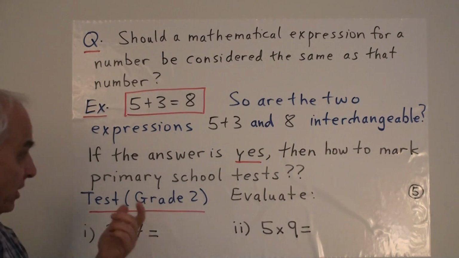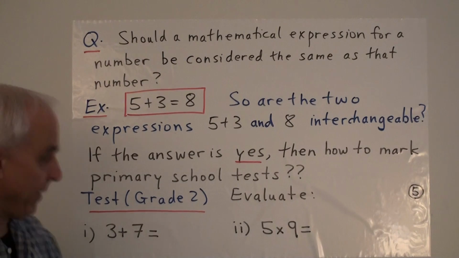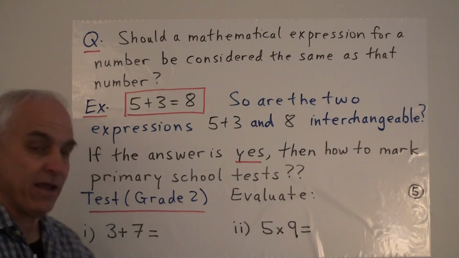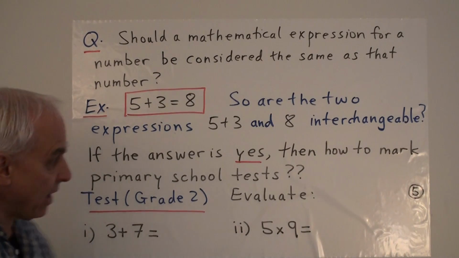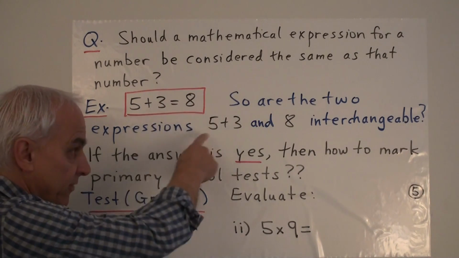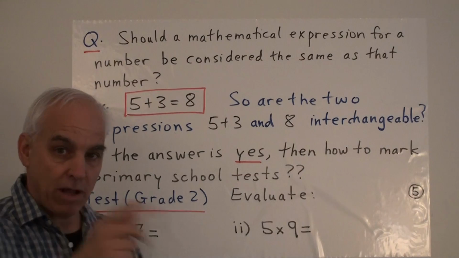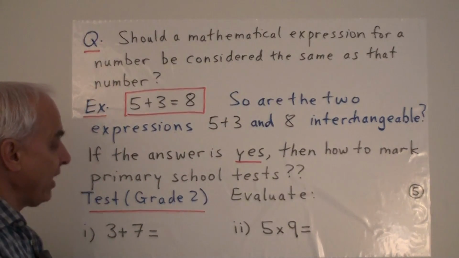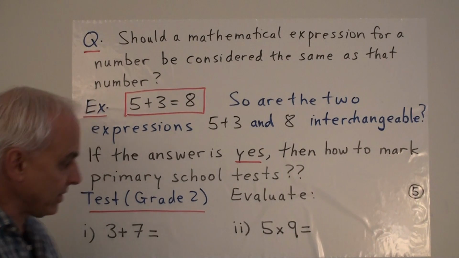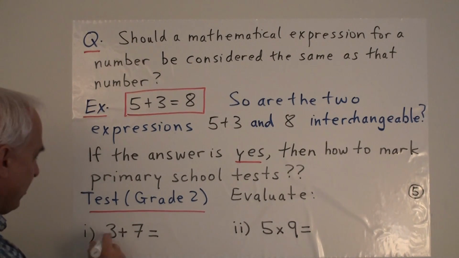Because then a student, say in grade 2, when given a little test like this, okay, here's a test, I'm a grade 2 student, I've just heard my parents talking about this kind of stuff because they've been watching Wildberger's videos, and so I know that, hey, 5 plus 3 equals 8, it means that they're exactly the same. Alright, so now I go to my test and say, well, here's 3 plus 7.